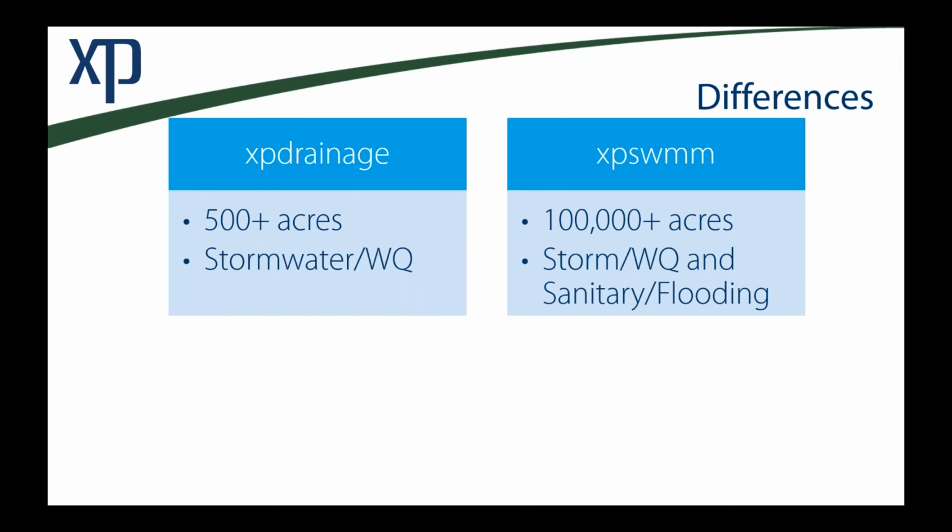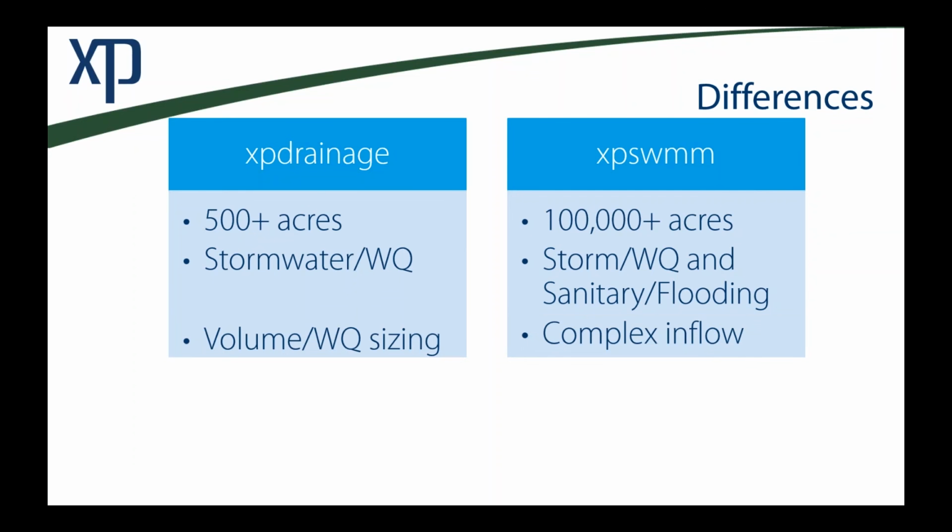Next is drainage really excels in stormwater, and in particular that water quality element, the sizing of those and assessing pollution. So stormwater and water quality is what XPDRAINAGE focuses on. XPSWMM has storm, water quality, as well as sanitary and flooding, right? So there's a lot of elements in that tool to tackle lots of different projects.